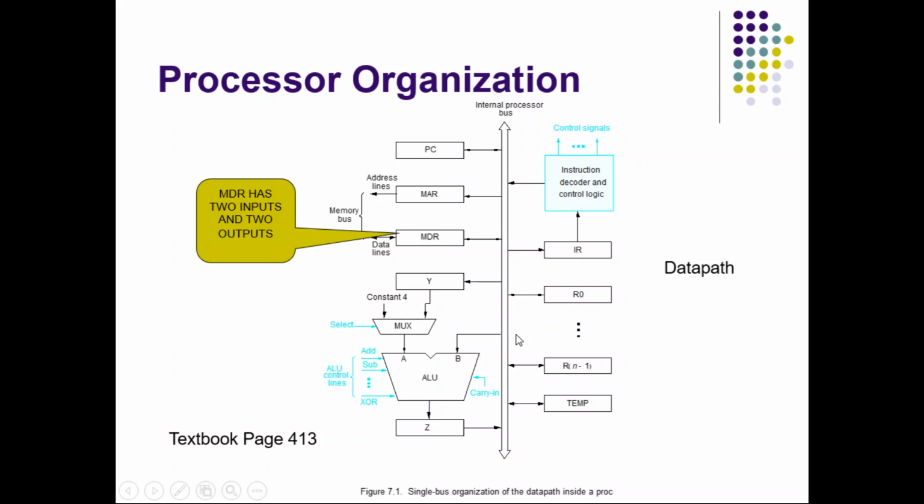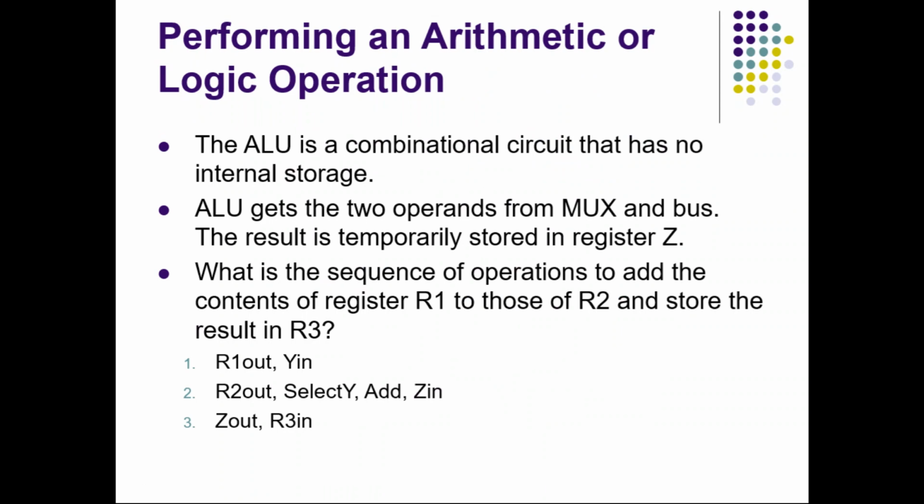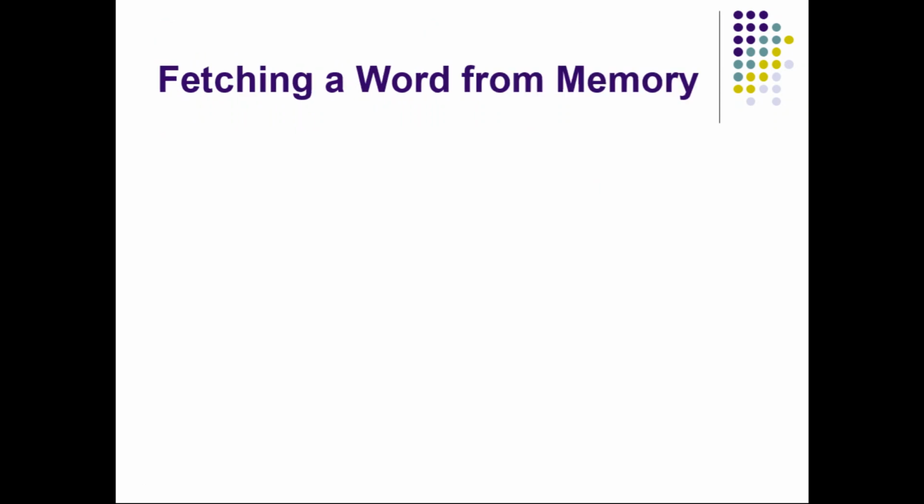Considering this architecture where there is only one internal bus, how these two things will be done, that is execution of a complete instruction and how a branch instruction will be done. That's what we'll be discussing in the first two subtopics which we are going to discuss in this lecture.